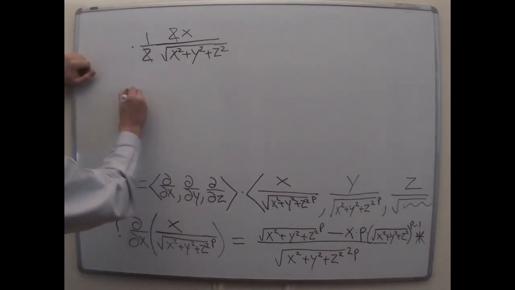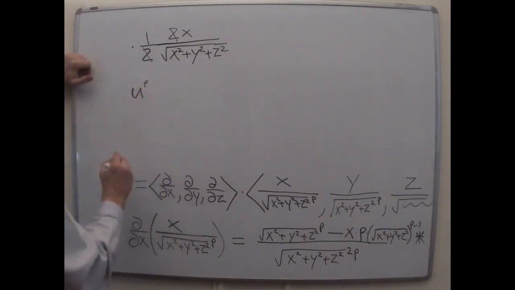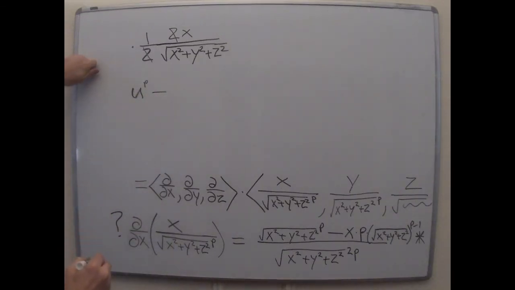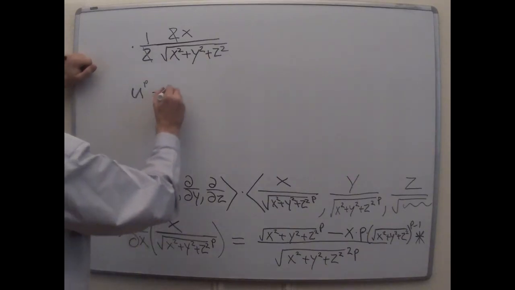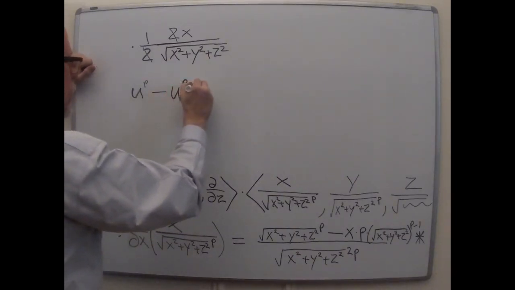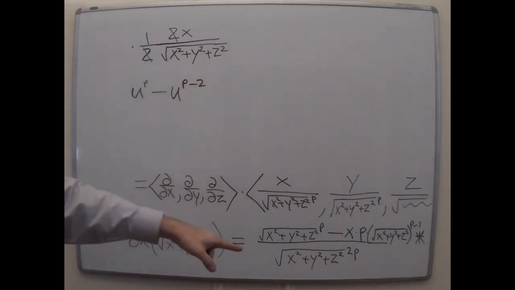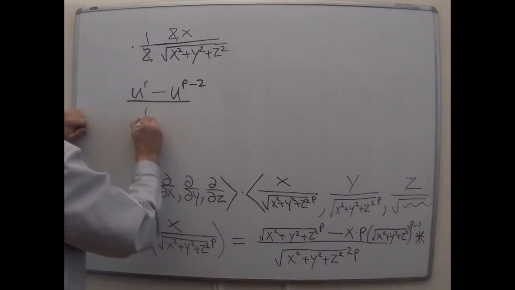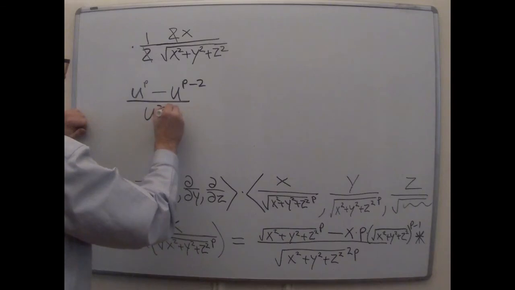So what I've got there is u to the p minus x squared u to the p minus 1 divided by, I think that's u to the p minus 1 too. And in the bottom, it's u to the 2p. No, I've forgotten something.